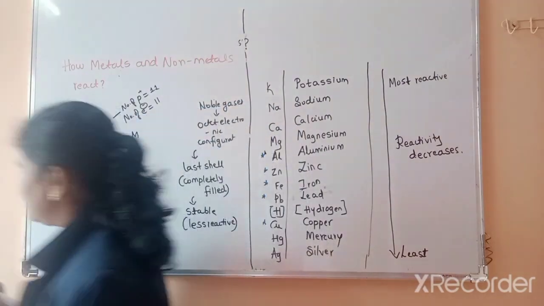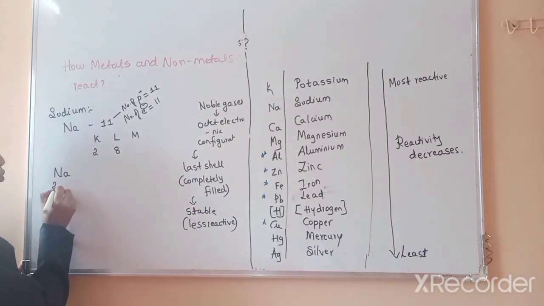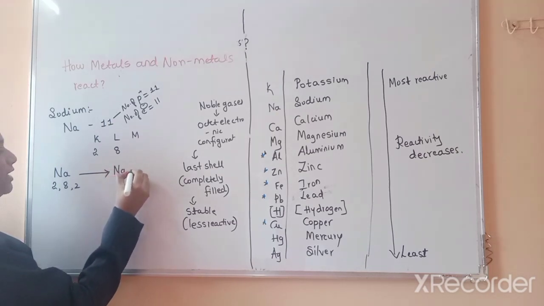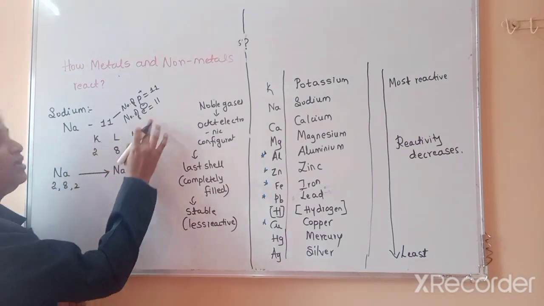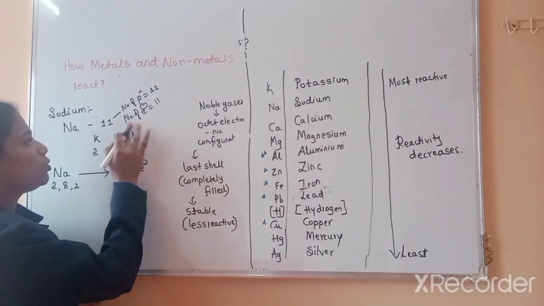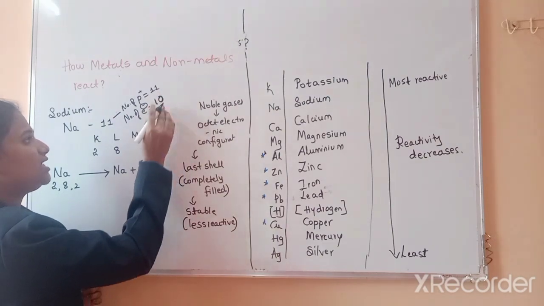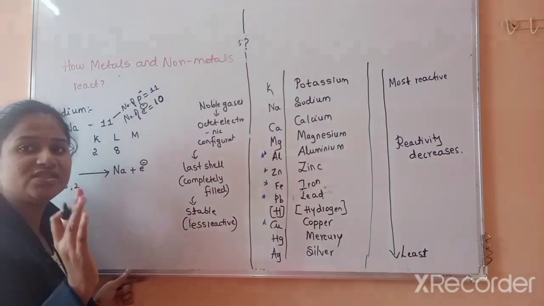Now sodium is losing 1 electron. Sodium has 2, 8, so it does not need the extra electron. When it loses 1 electron, the number of electrons becomes 10, the number of negatively charged particles becomes 10, whereas the number of protons remains 11.